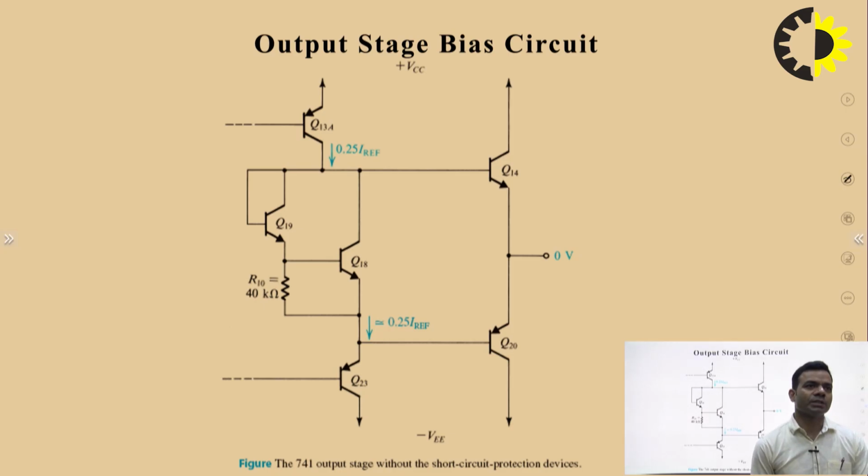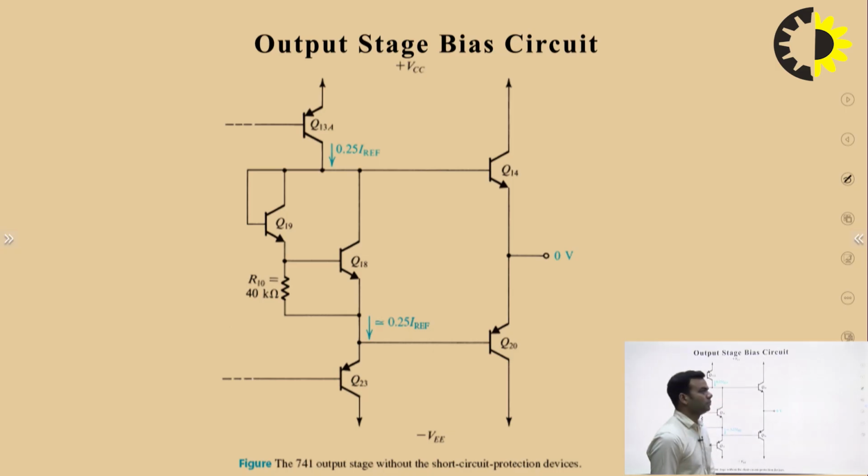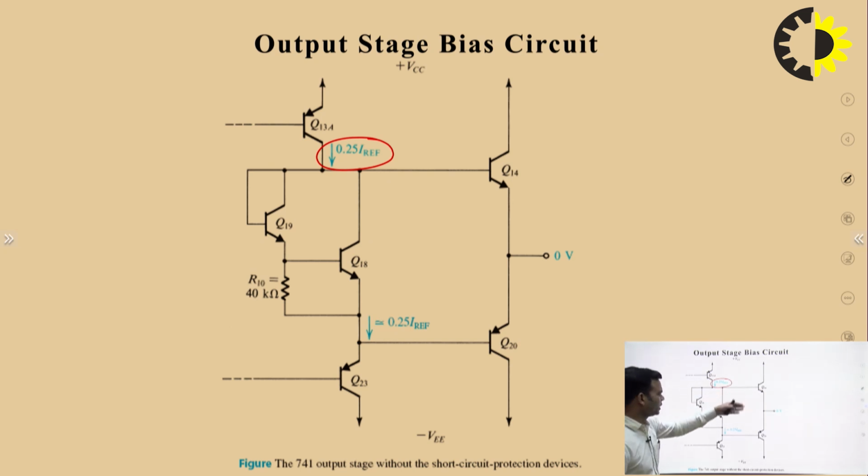Now, let us move towards the output stage. This is the transistor Q13A, and in this case the reference current will be 0.25 times I reference, and this is Q18, Q19, Q14, Q20, Q23. I have already eliminated the short circuit current protection circuitry.